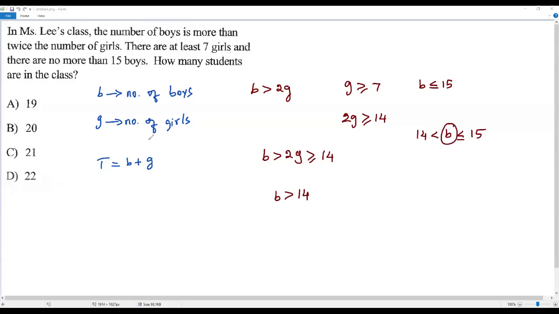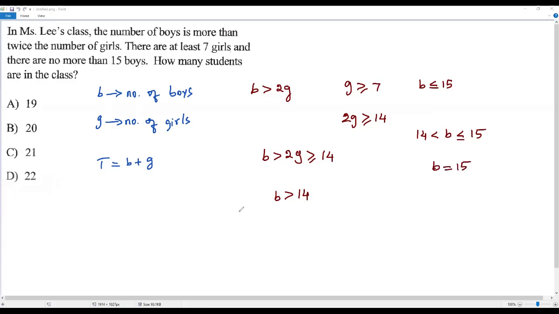We have to remember one important thing: both B and G must be integers, because they represent the number of boys and number of girls respectively. So they cannot be decimals. There is only one integer which satisfies this compound inequality, that is 15. Therefore B equals 15.